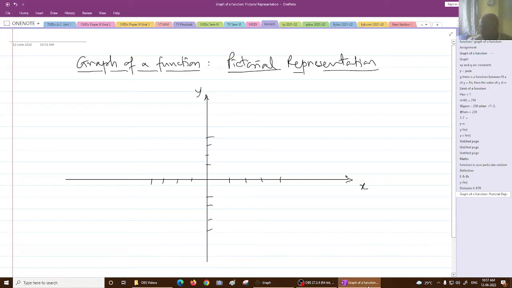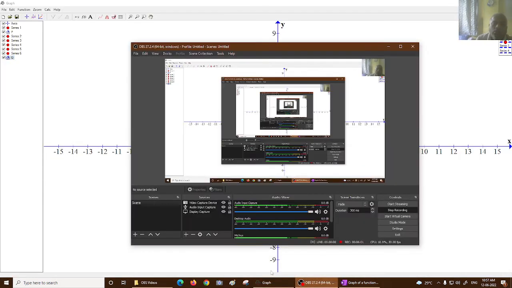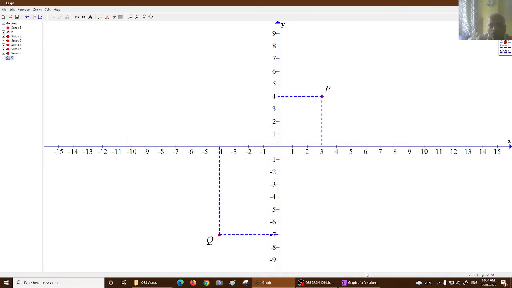Whatever we have done over there, let me show over here. My P point was somewhere over here, so it's not going to be very exact, but I'm sure you will get the idea. Its coordinates are 3 and 4, because when you go from here to the x axis it intersects at point 3, and when you go to the y axis it intersects at point 4.